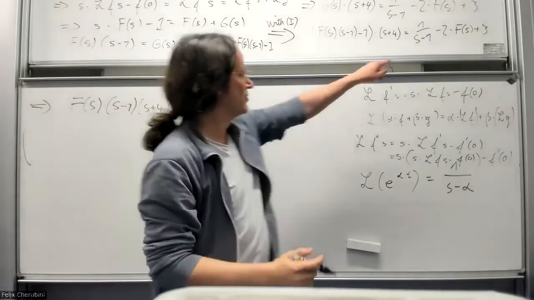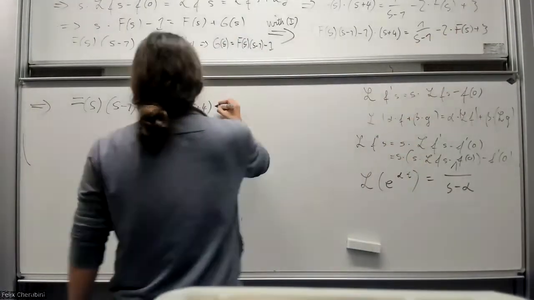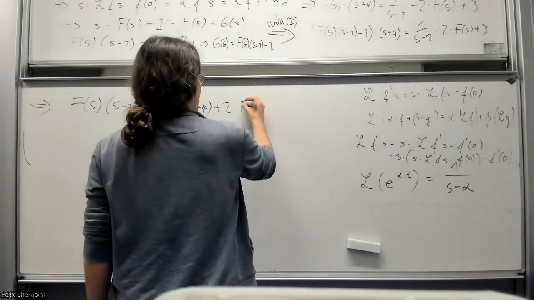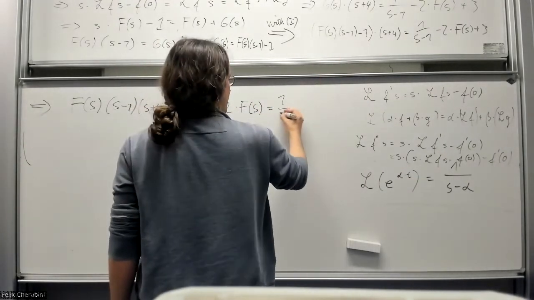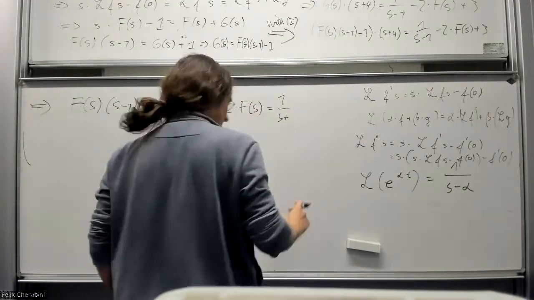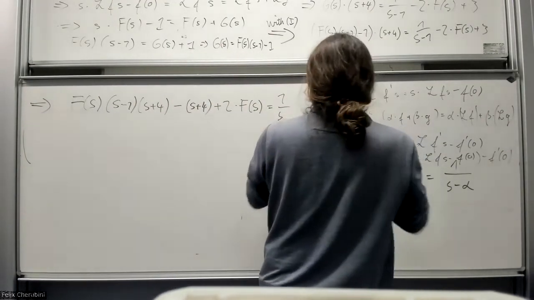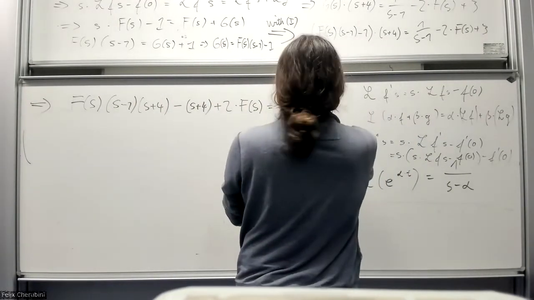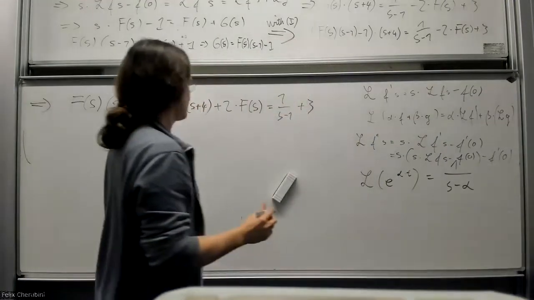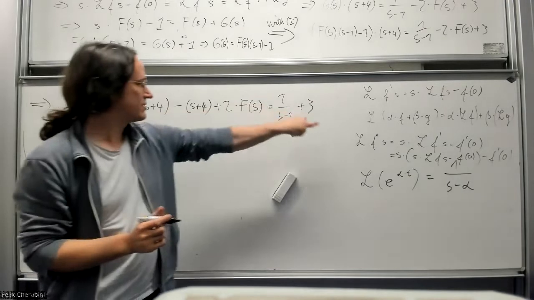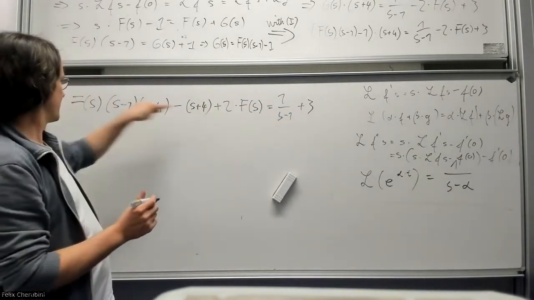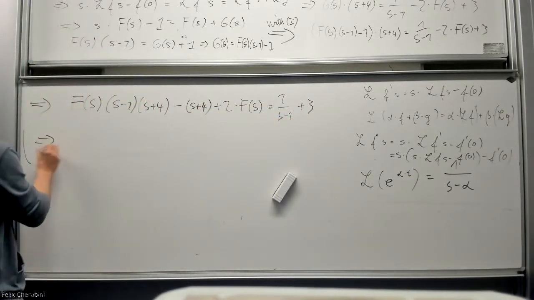And we move this stuff. So plus 2 times f s. And then we have something left like s minus 1 plus 3. Okay, so we have to move this one over here, and then we can draw out f of s.